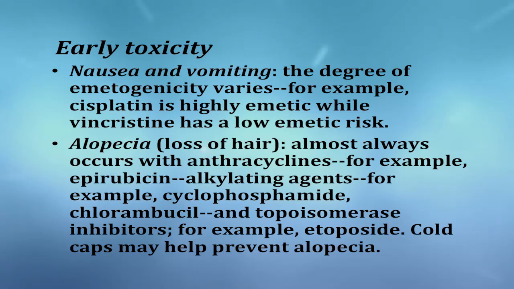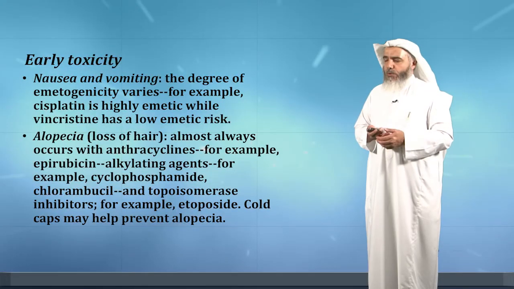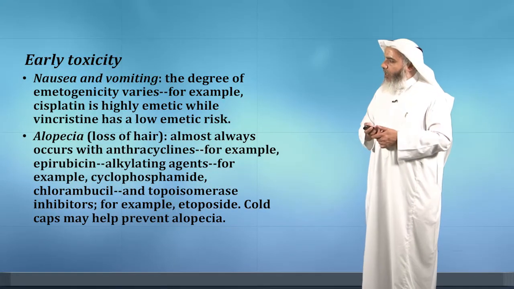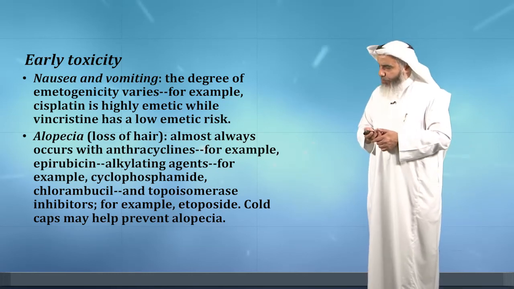Nausea and vomiting are common toxicities of cisplatinum and vinca alkaloids, while alopecia is very common, with probably 70% of chemotherapeutic agents causing it. Common examples are cyclophosphamide, antibiotic chemotherapy like doxorubicin and others, and etoposide.